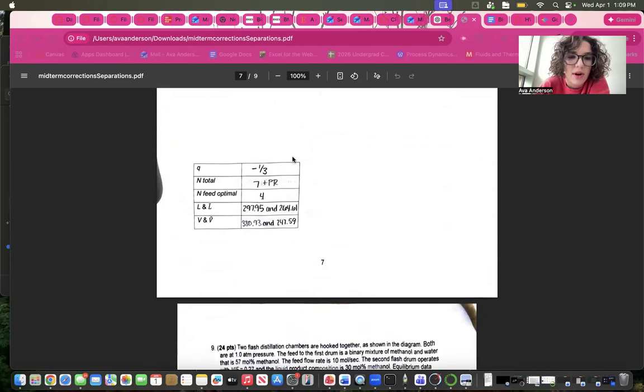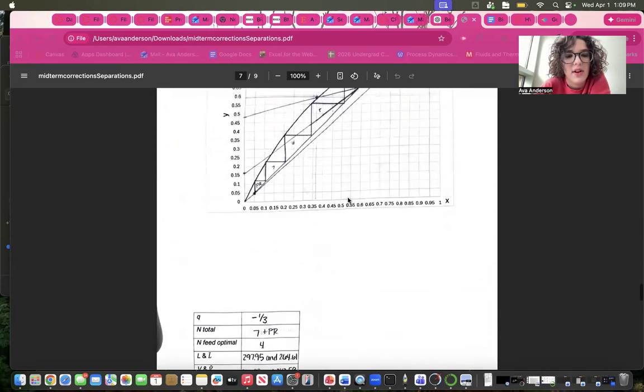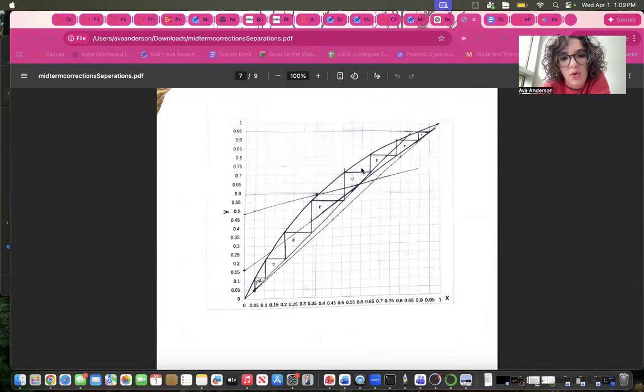But in this Q is from part A. But to solve for N total and N feed optimal, you can plot the top and the bottom line that you solved earlier, and then just draw out all of your stages. And I got 7 stages plus partial reboiler, and then my optimal feed stage is stage 4.